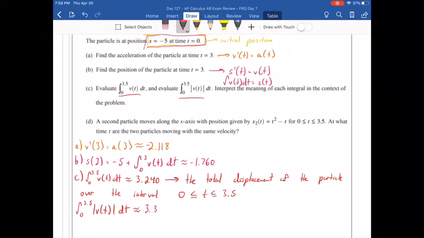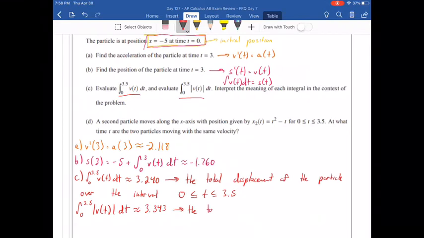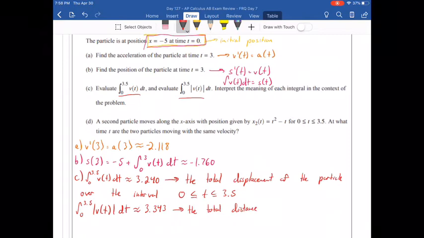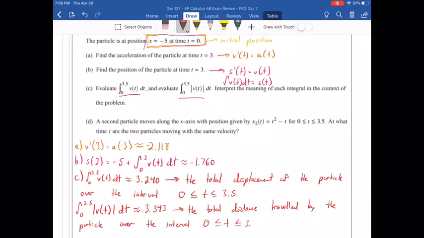So with the absolute value bars, 3.343 represents the total distance traveled by the particle over the interval 0 less than t less than 3.5.